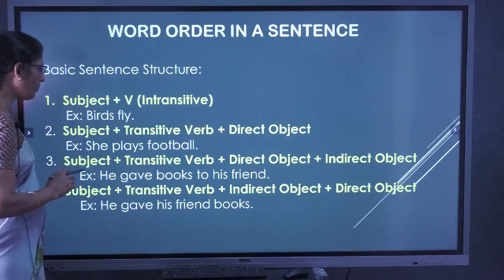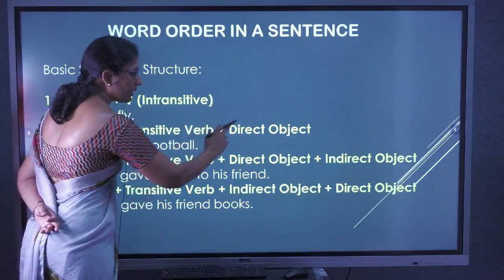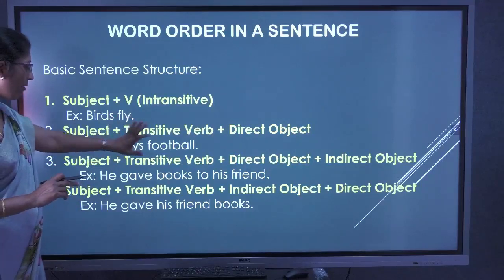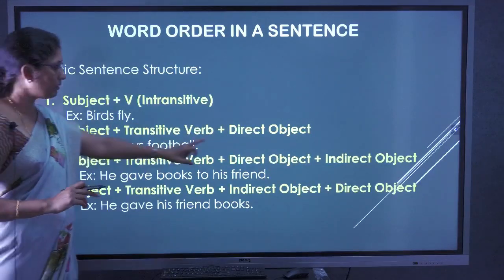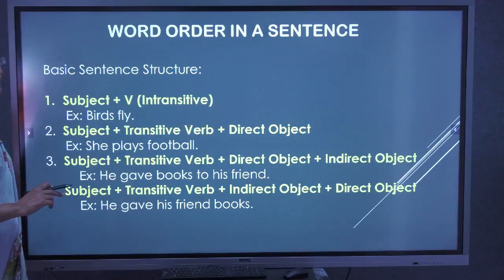If you see the second model, subject plus transitive verb and direct object. You have come to understand what a transitive verb is, and direct object is another new word. What is a direct object?